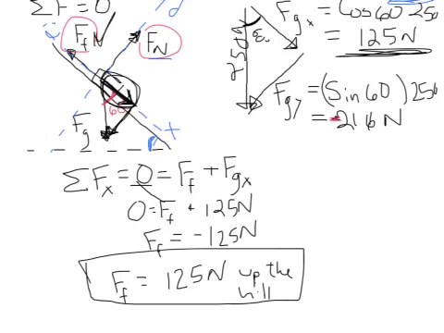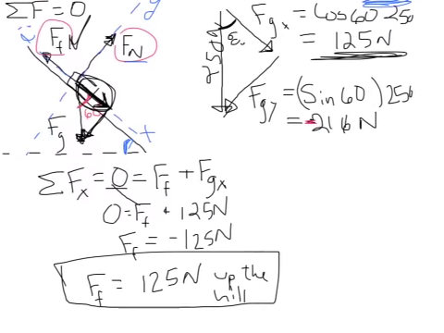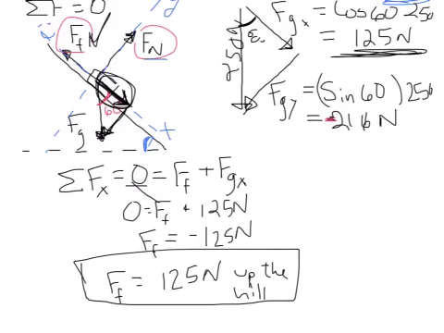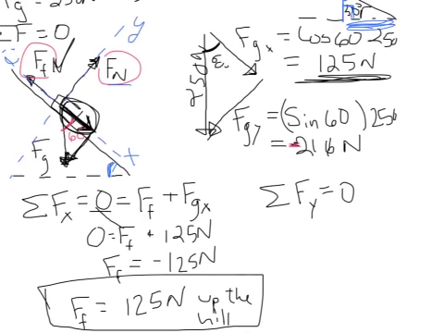Sweet. Then, using the same method, we can think about finding our normal force. So I say, I know that the sum of the forces in the y direction is going to be equal to, wait for it, oh, hey, 0, just like before. And the forces that we have in the y direction include that normal force that we were looking at earlier, so the Fn, and the force of gravity in the y direction.